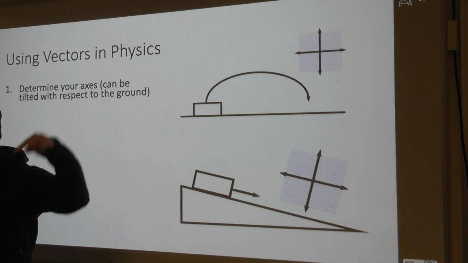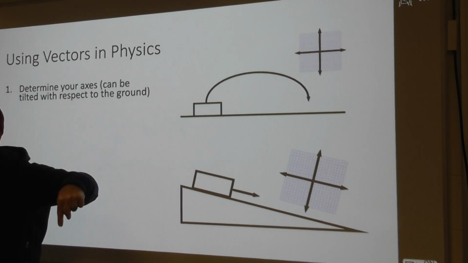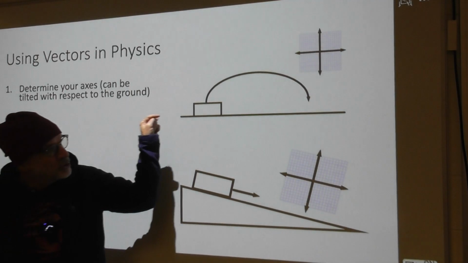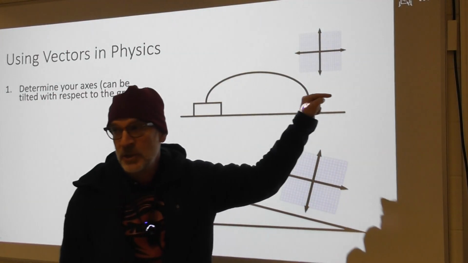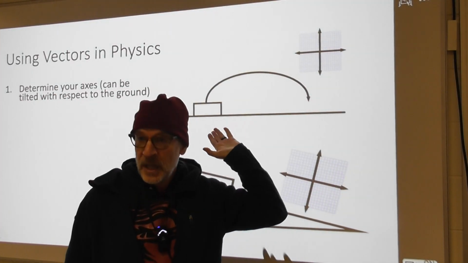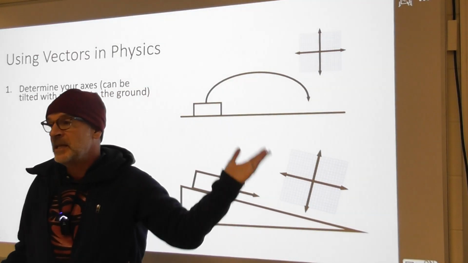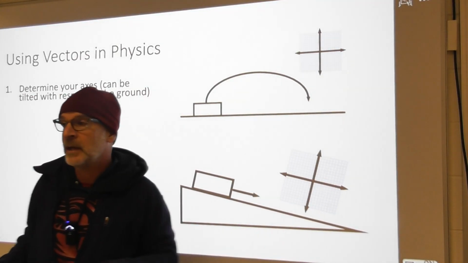When that's the case, its acceleration is straight down towards the ground at 10 meters per second squared, and its horizontal motion will have no acceleration. So whatever initial speed it has, left to right or right to left, it will just maintain that speed the entire time that it's moving.